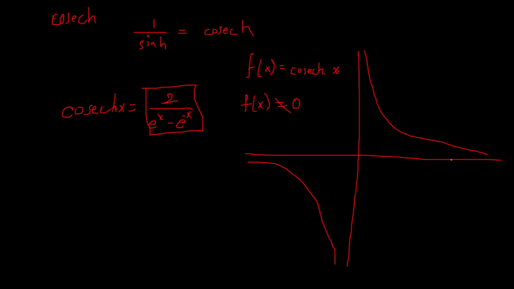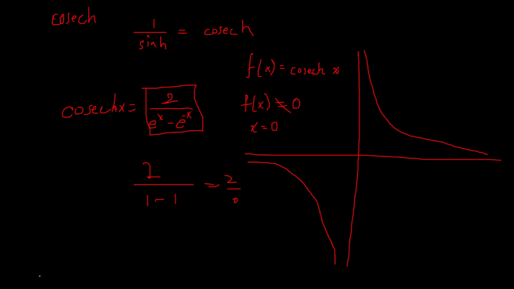There's an asymptote right over there. Now you also have a restriction on the domain. You can't put x equals 0, because then it would be 2 divided by 1 minus 1, and that is 2 over 0. So that is a restriction on the domain, because it's just not possible.